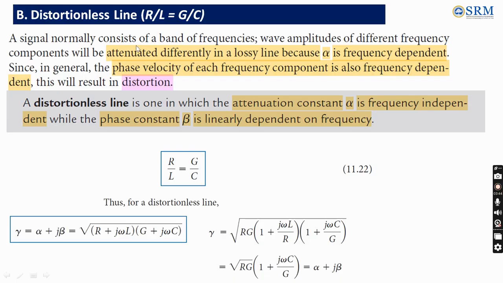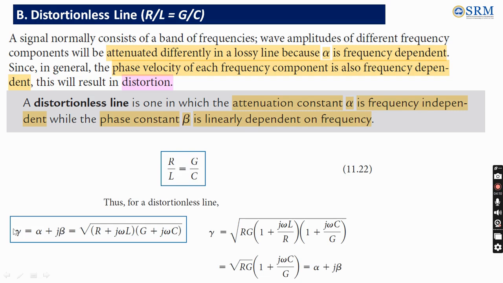Since attenuation and phase velocity are frequency dependent, it will lead to distortion. A distortionless line is one in which the attenuation constant is frequency independent, and the phase constant is linearly dependent on frequency. So the condition for a distortionless line is R by L equal to G by C.